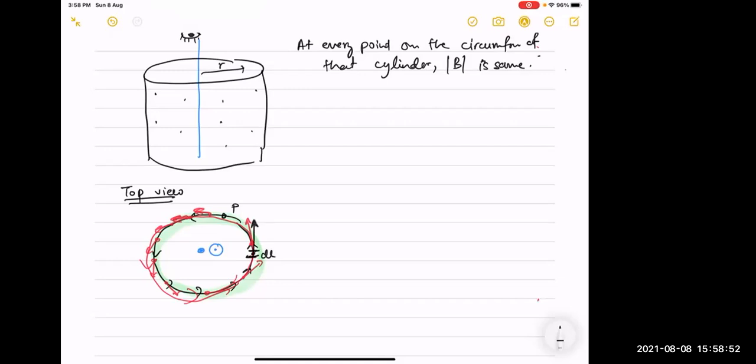It is like this, yes or no? If you take a circle, the tangent is the direction of that part, right? And here the magnetic field is also like this. So the line integral of B dl. Now at any point, at this point it is B dl, right?